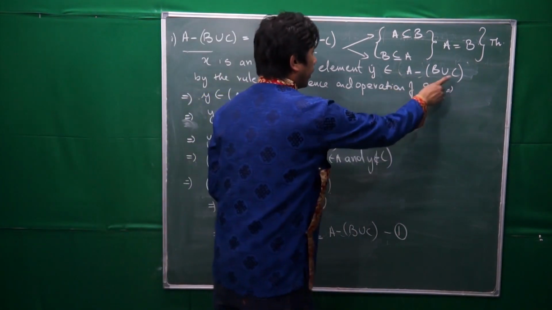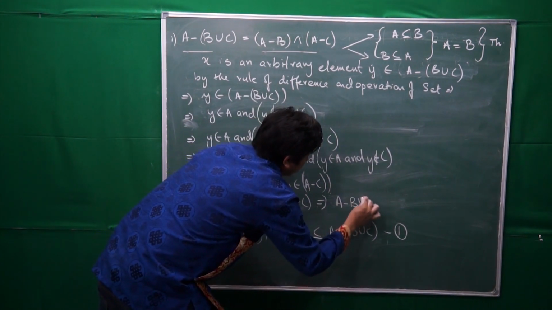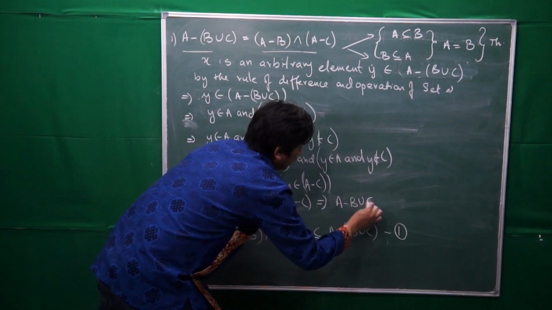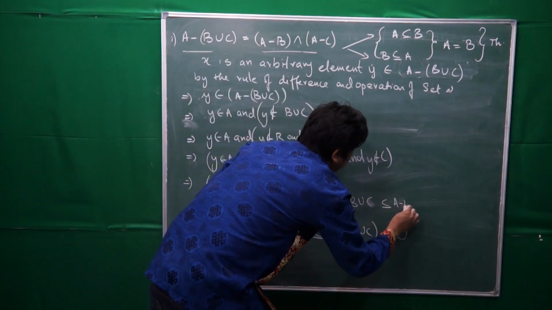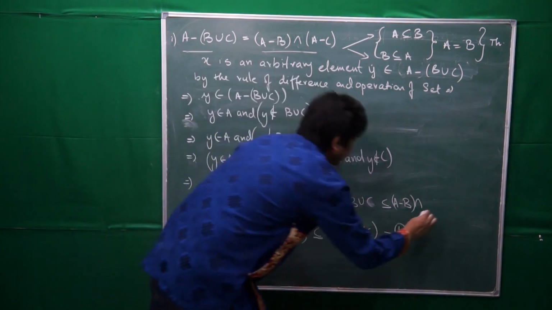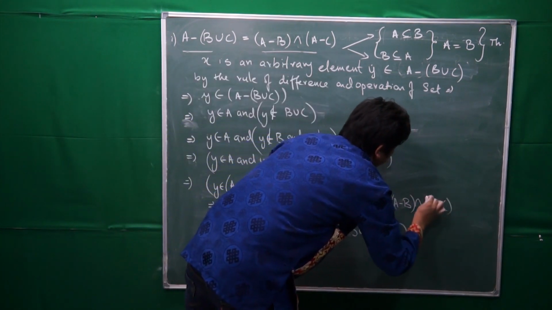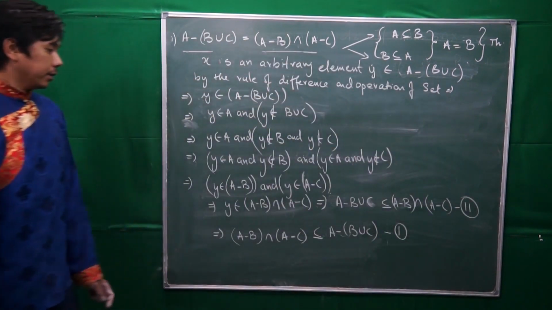We began from A minus (B union C). So we can write A minus (B union C) is a subset of (A minus B) intersection (A minus C). Now this is equation number 2.